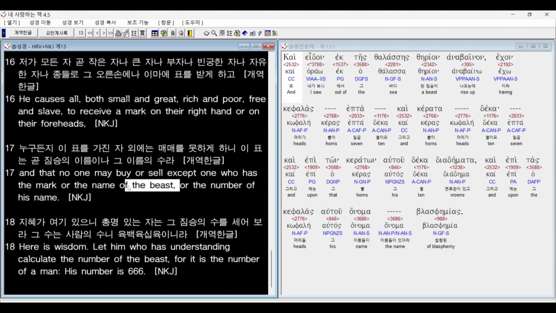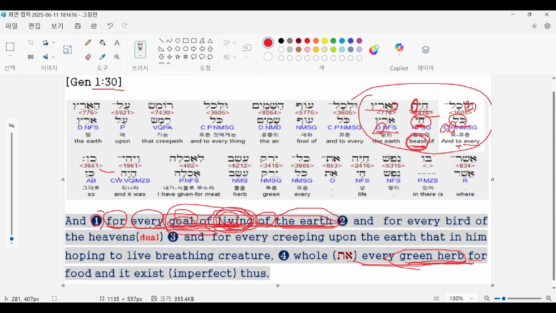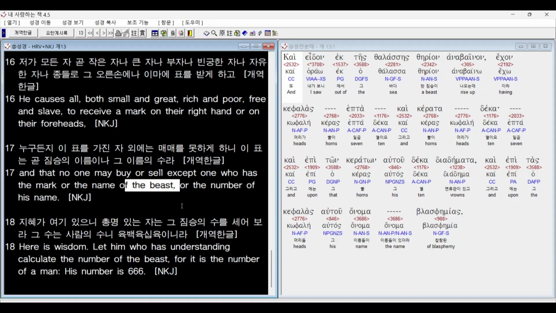They are the ones who are what? Their goal of living is of the earth. They are the ones who buy and sell green earth for food. Not the herb sowing seed, fruit of tree sowing seed, the tree of life.